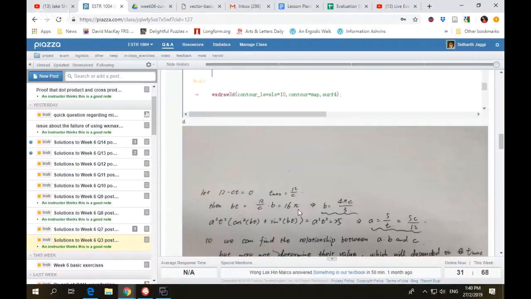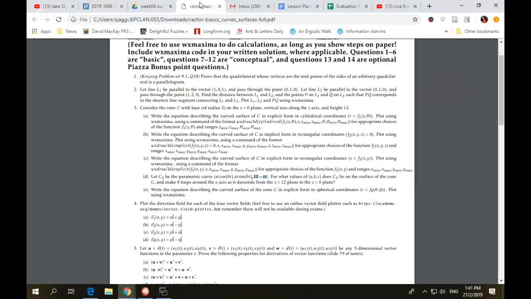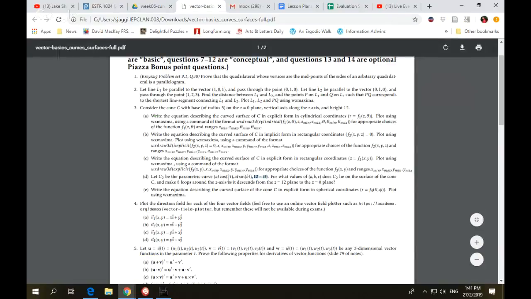Now, we also know it makes 8 loops. So 8 loops is 8 times 2 pi, which is 16 pi radians, right? So when t is equal to t max, b times t should be equal to 16 pi. That tells us a relationship between b and c. Finally, we know that the curve has to lie on the surface of the cone. Young is using the equation for the surface of the cone: this is the x coordinate, this is the y coordinate, this is the z coordinate.